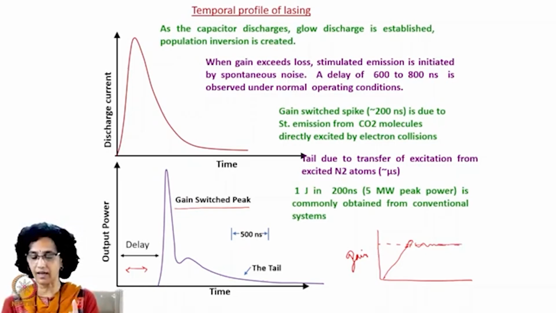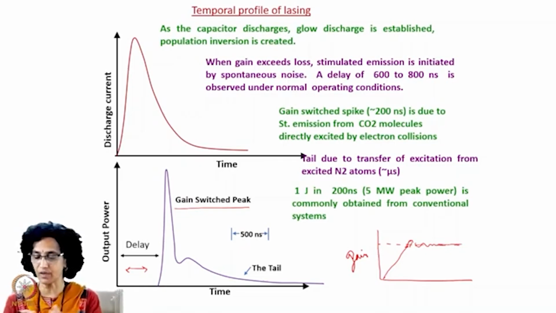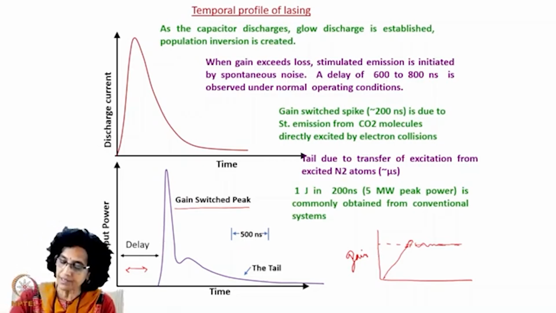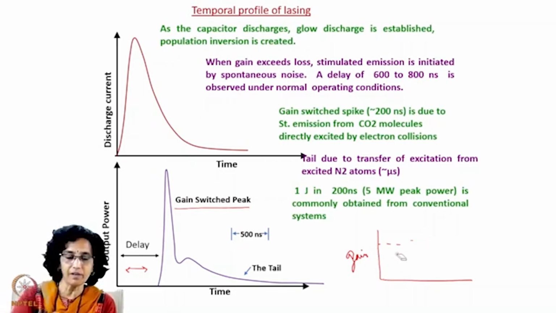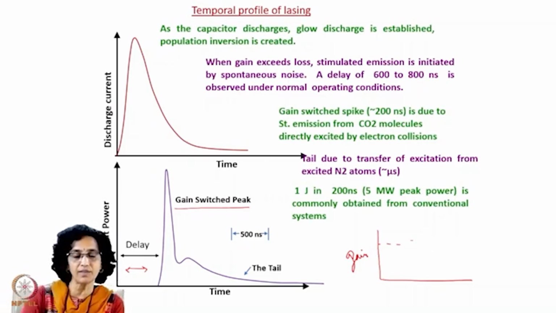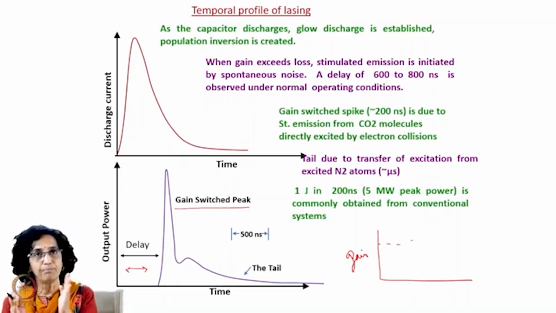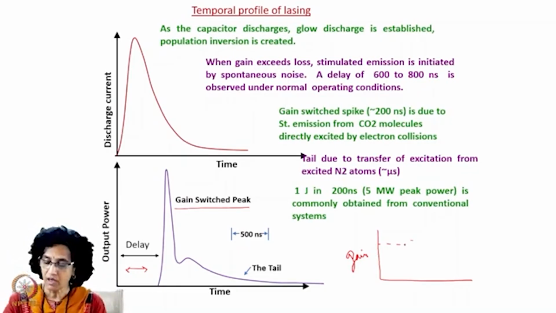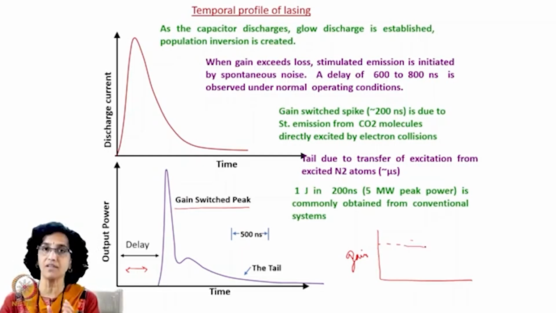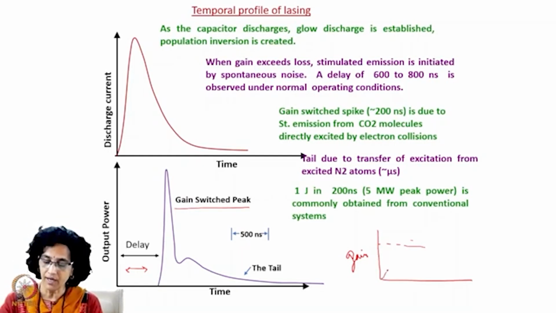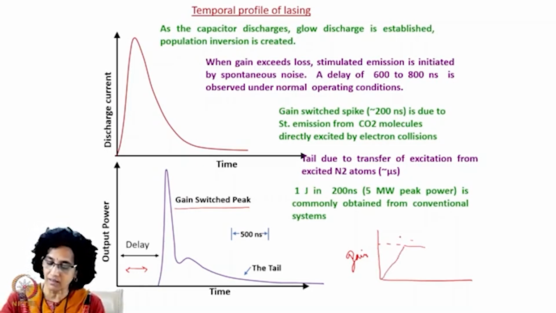As I think I must have told you last time also, maybe you have studied this gain clamping sometime in the past. But here, in the case of a pulse laser, because our discharge current is very sharp and the pulse duration is very small, the excitation is very, very quick. Therefore it crosses the loss line, and before stimulated emission can set in, it further rises.